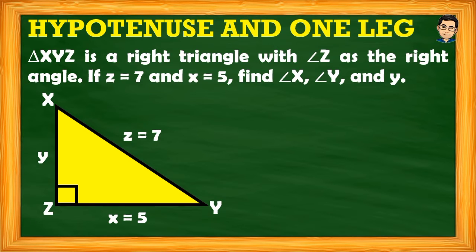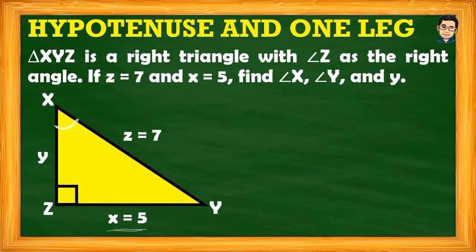Okay, so una muna natin kukunin is yung angle X. Ito. So, kung angle X ang nawawala, yung opposite ng angle X na yun ang magsisilbing opposite side, yung 5. So, as you can see, kung opposite yan, and then given yung hypotenuse, alin sa mga trigonometric ratios ang pwede natin gamitin?